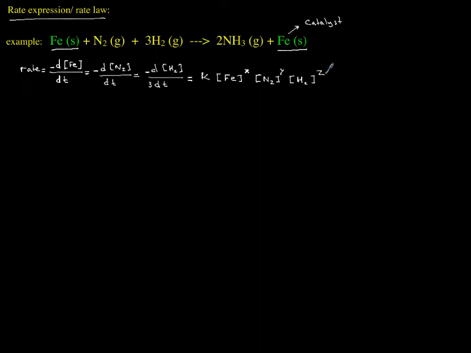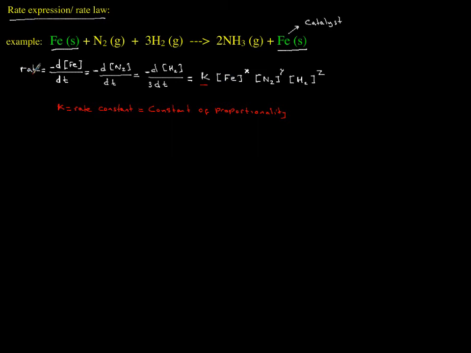So the few terminologies we should get exposed to. First is the K, rate constant. It is a proportionality constant, or you define it as constant of proportionality. It describes how the concentrations of reactant are affecting your rate.